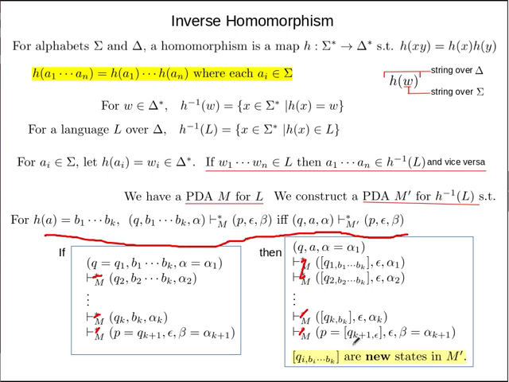So this will be our new states that we introduced in M prime. You see, we said that we have the states of this machine here. So we have this Q and P here, which is equal to these states. So we are kind of renaming this state, you can say.